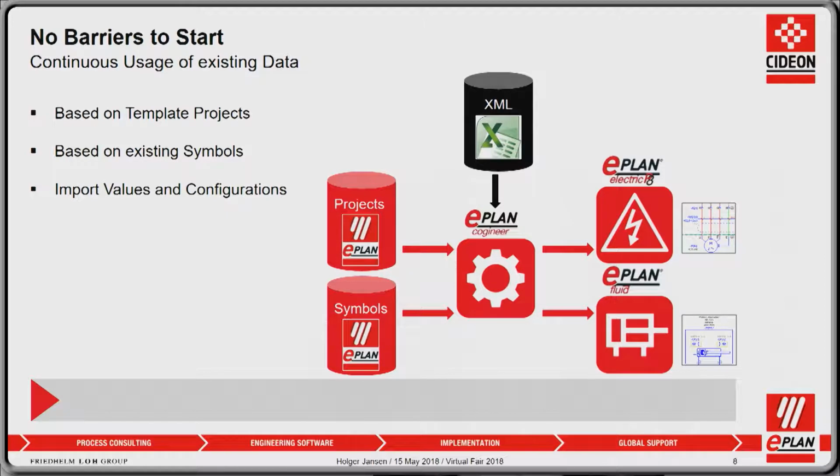It is possible to import value sets and data. That means all the information, all the data you have made in the last years or even decades can be used directly now as a base to start design automation with ePlan Cogeneer.